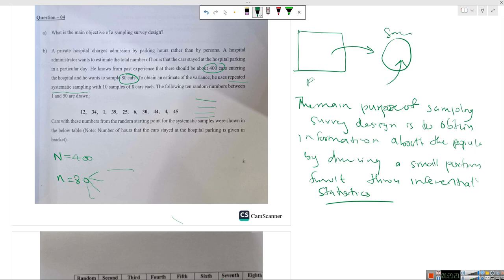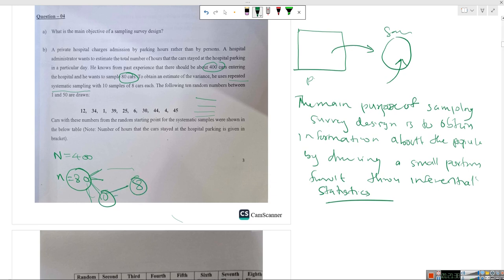Here you see 10 samples of 8 cars. So these 80 cars are divided into 10 samples, each containing 8 cars, and the data is given in this table.